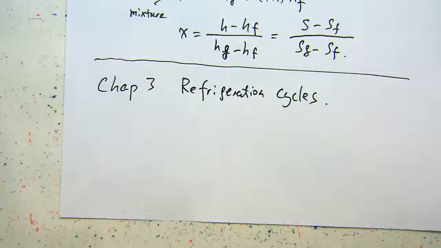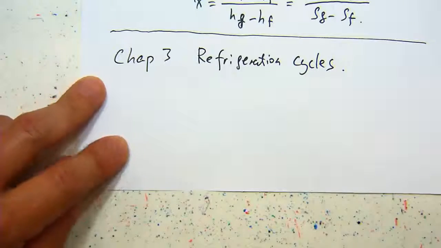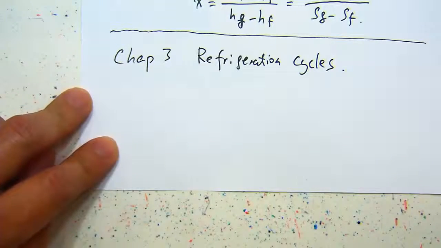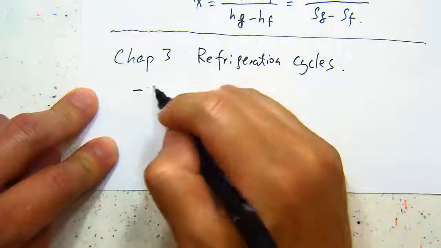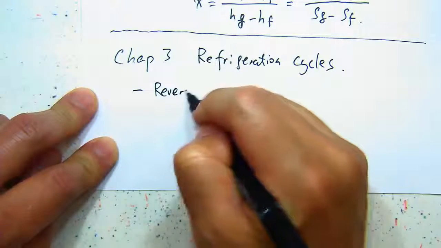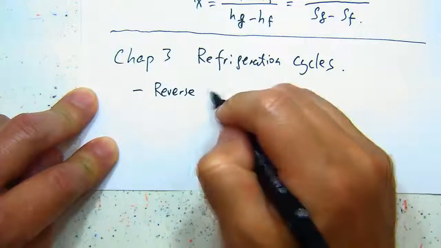Nature wants to transfer heat from high temperature to low temperature, but the refrigeration cycle works against it to make the cooler space even cooler and the hot space even hotter. So if you look at the principle there, it's based on something called the reverse Carnot cycle.